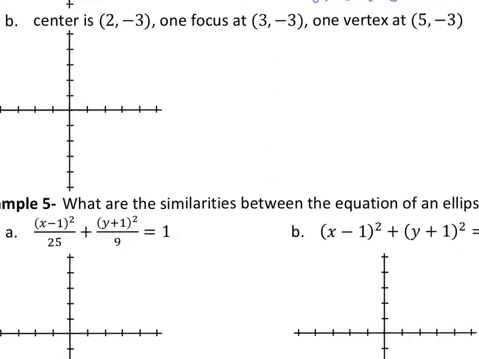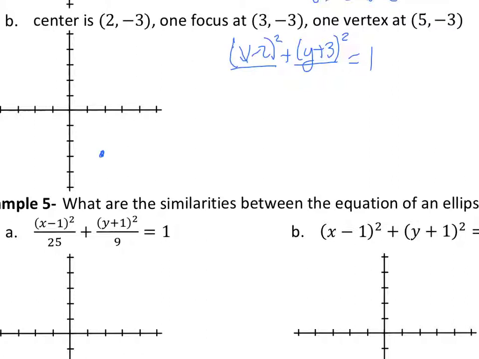All right, so our center's at (2, -3). Now, what does our equation look like then? (x minus 2) squared plus (y plus 3) squared, and those are over something, something, and that equals 1.